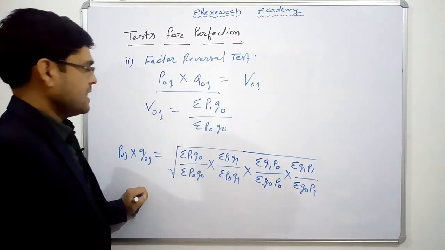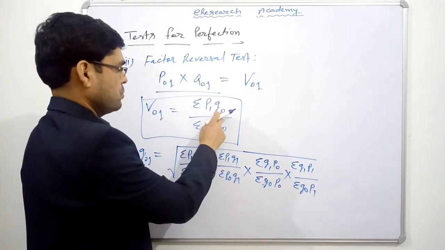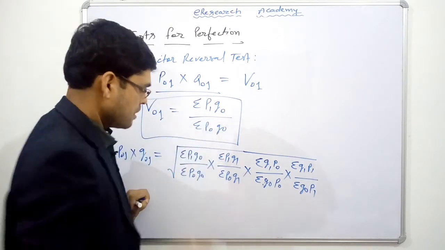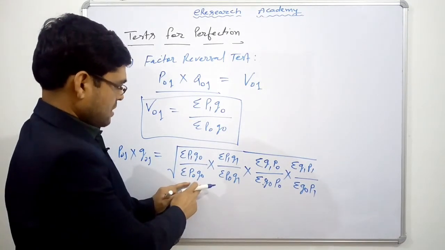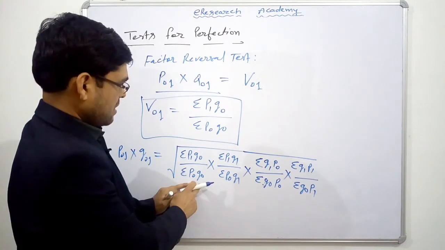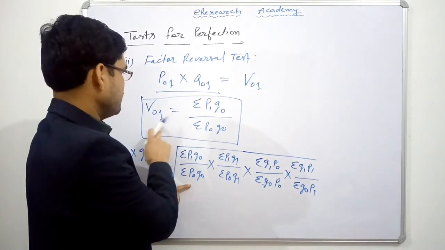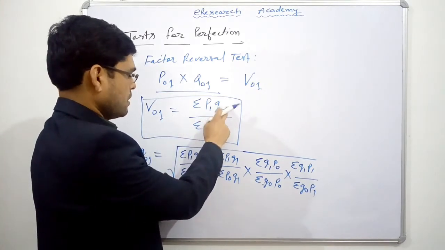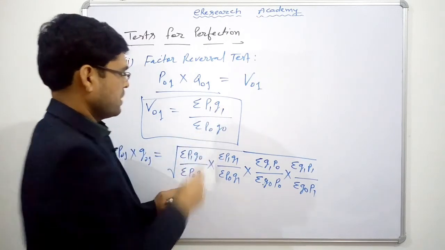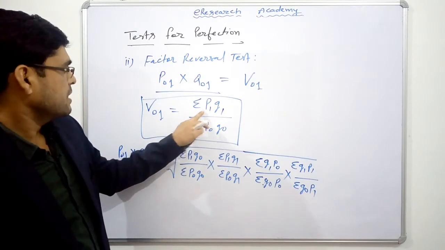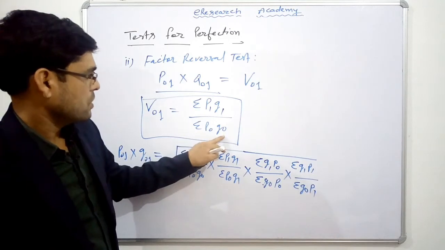Now let's see whether this gives us output as sigma P1 Q1 upon sigma P0 Q0 or not. The value index is sigma P1 Q1 upon sigma P0 Q0.